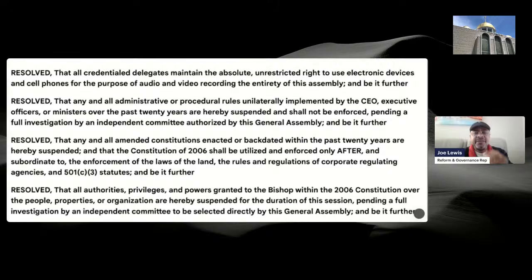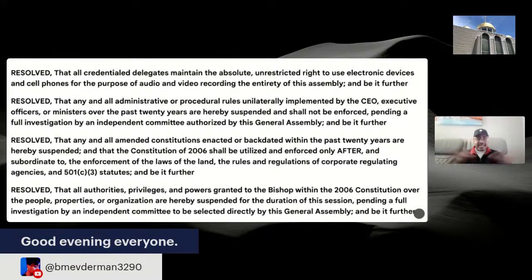When it comes to the administrative and procedural rules implemented by the CEO or executive officers and ministers over the last 20 years, all that means is any additional rules that has been implemented by the CEO, by general counsel, by pastors, by anyone.